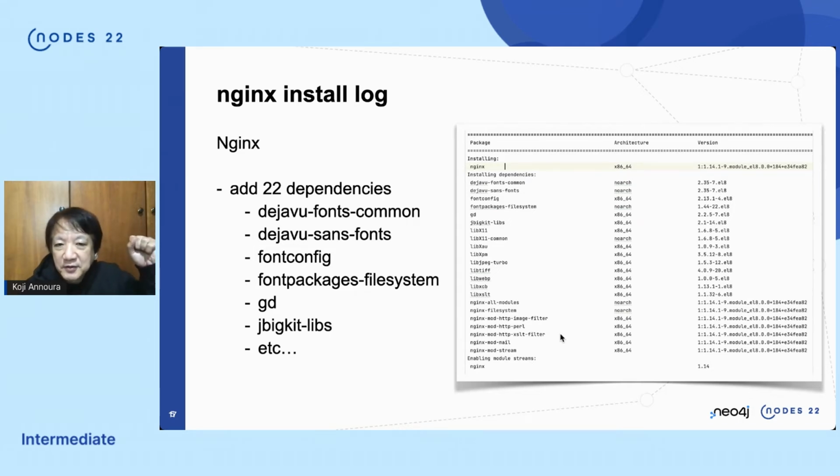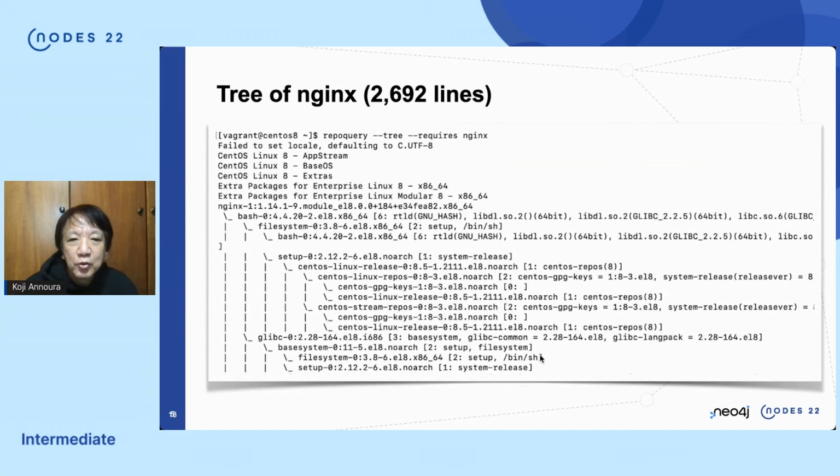So Nginx and 22 dependencies installed at this time. So how can I get dependencies information from the server, the CentOS Linux server?